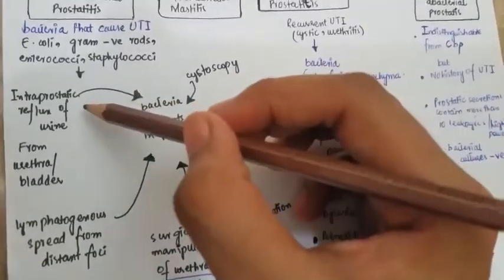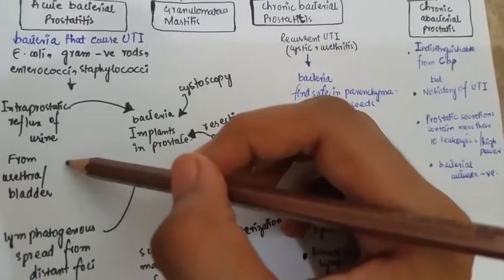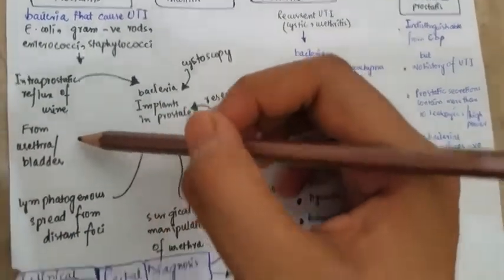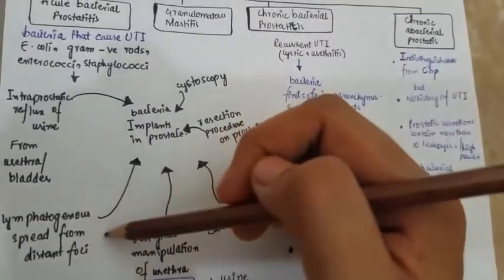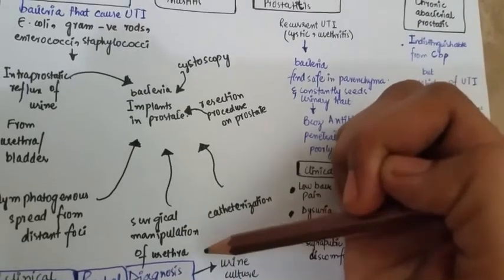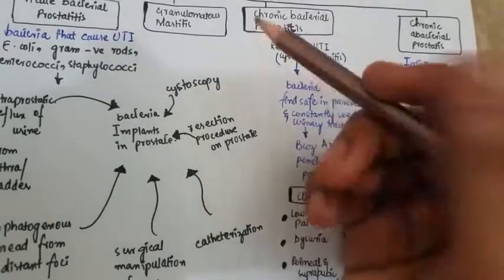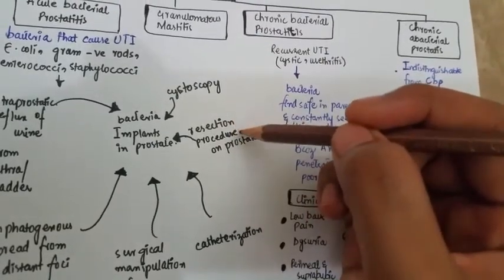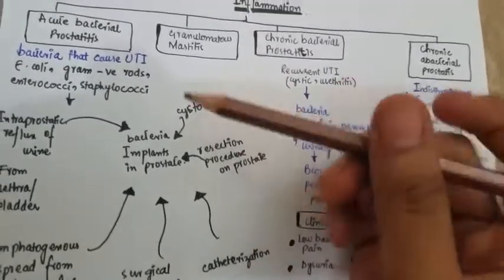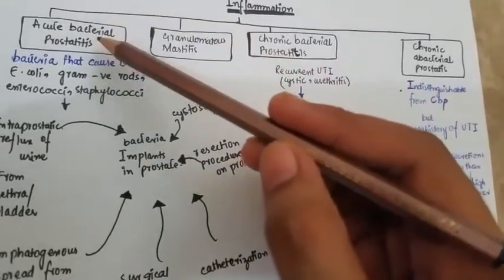They are intraprostatic reflux of urine from the urethra or the bladder, lymphatogenous spread from distant foci, surgical manipulation of the urethra, catheterization of the urethra, resection procedures on the prostate, or cystoscopy. All these factors will implant bacteria in the prostate and cause acute bacterial prostatitis.